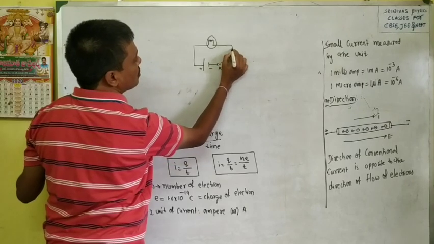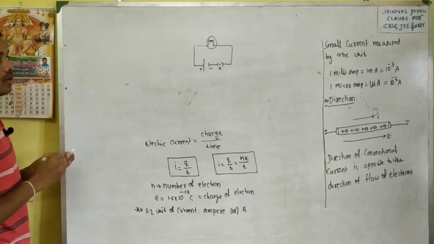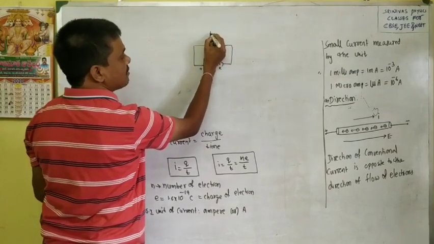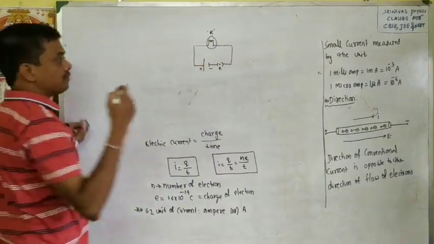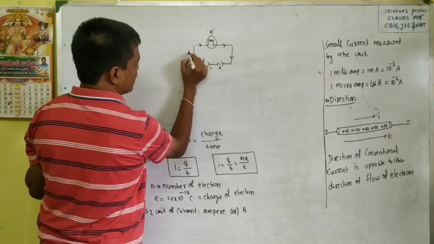Now what is the direction of the current? Through this bulb, the bulb has the filament, that is a tungsten filament. It has some high resistance, and the direction of current is from the positive terminal to the negative terminal. This is the direction of the current, right?